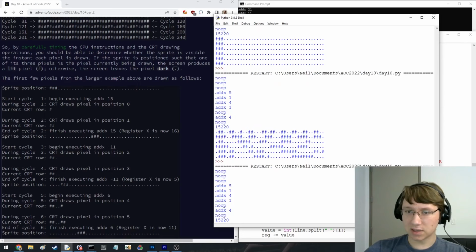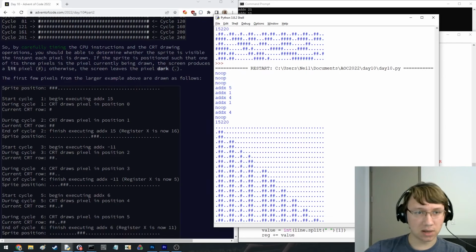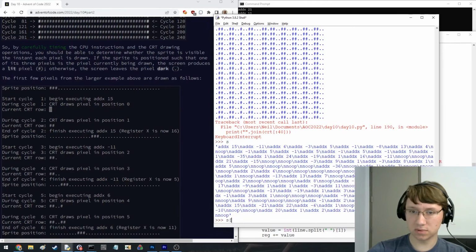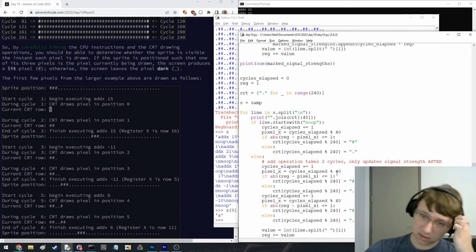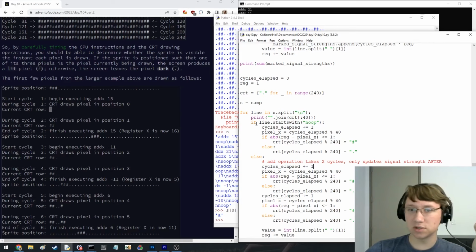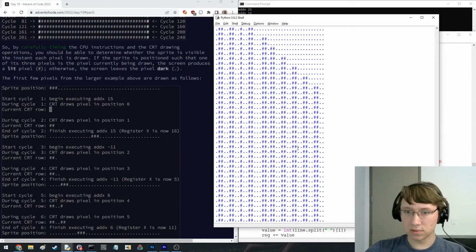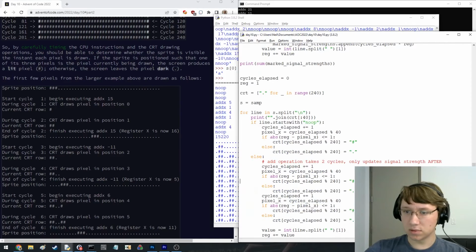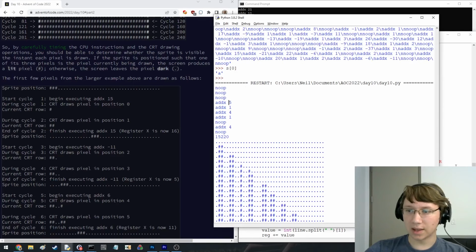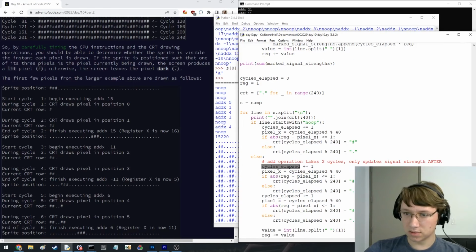The first line looks like this, which it should not, I think. What's the first instruction in SAMP? Yeah. So when it does this instruction, during the add x, we check this. Pixel x is 1. The register is 1.